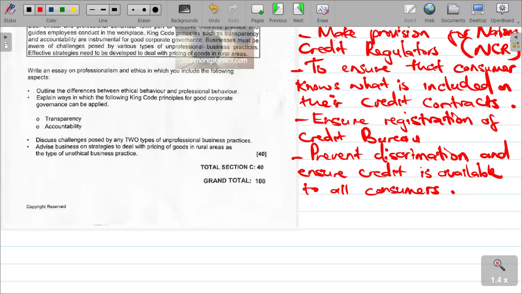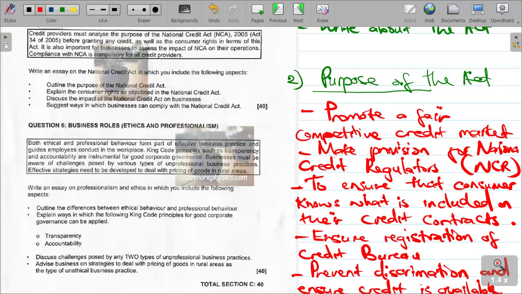So the next point is you need to explain the consumer rights as stipulated in the National Credit Act.